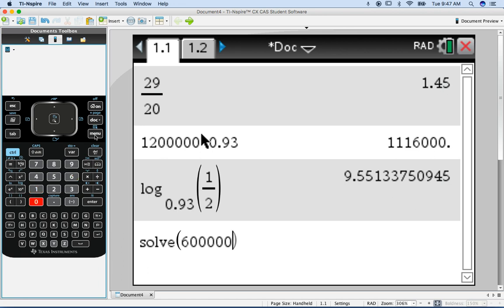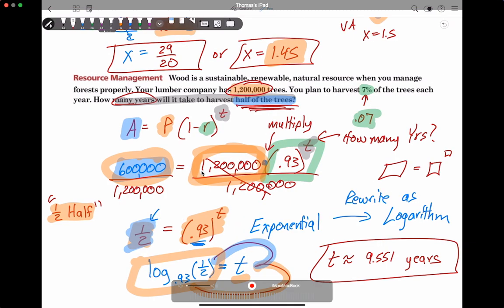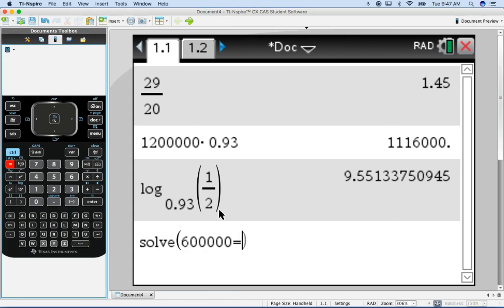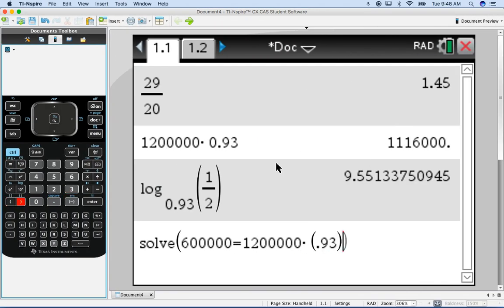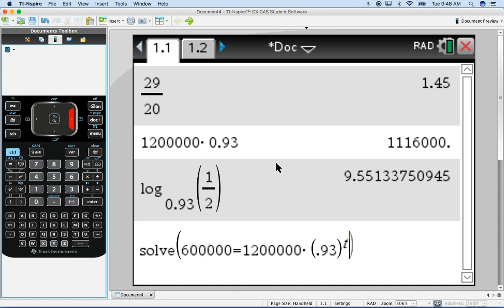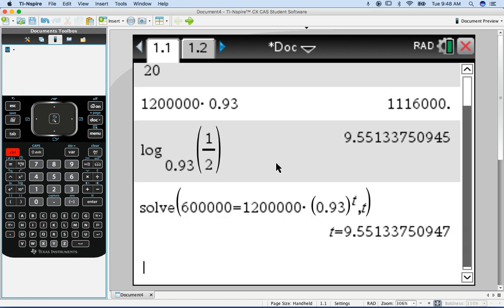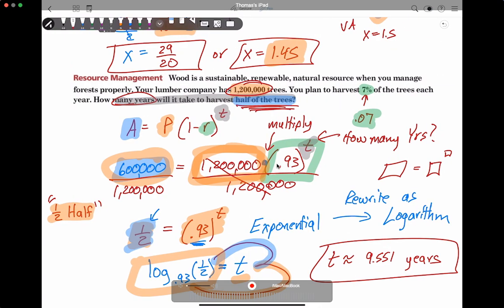So really hope that you're not doing that because you're hurting yourself in the long run big time if you don't learn the algebra manipulations that we're doing here. Please, please do not just use the solve feature. And then we're going to say times this 0.93 raised to the power of t. You could say x, and then do comma, whatever variable it is, control enter, and you get 9.551. Okay, that's just a check just to make sure that we did it correctly.